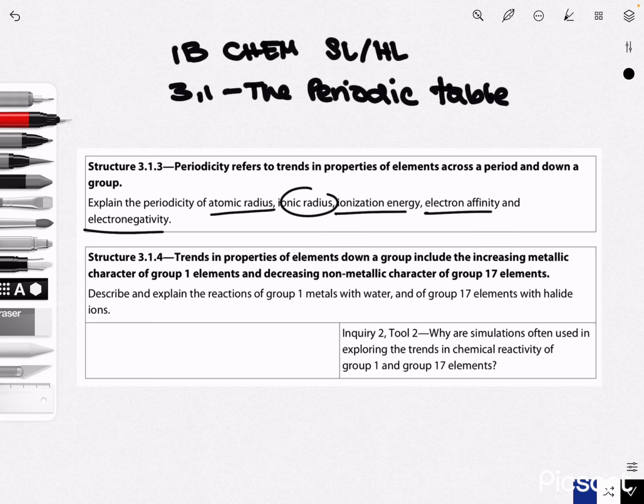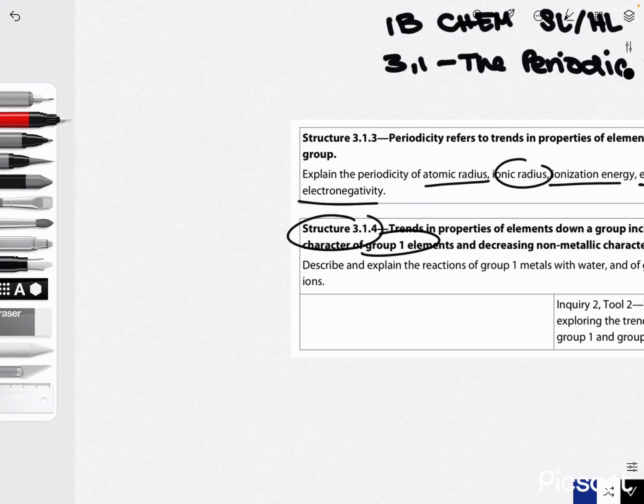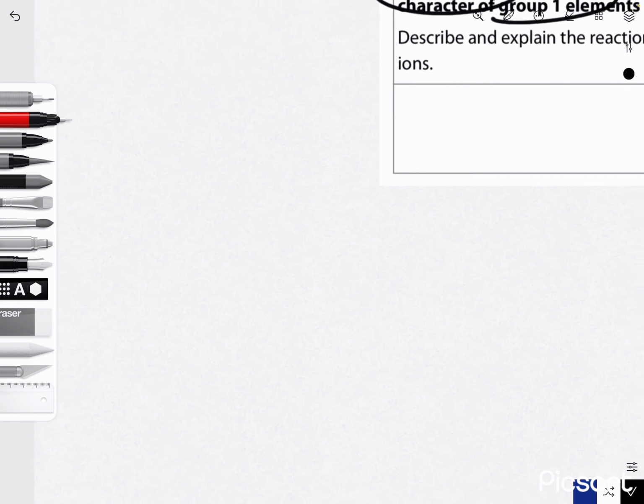So now on to 3.1.4. Trends and properties of elements down a group include the increasing metallic character of group 1 elements and decreasing non-metallic character of group 17 elements. So let's just start off with our group 1 elements, our alkali metals.